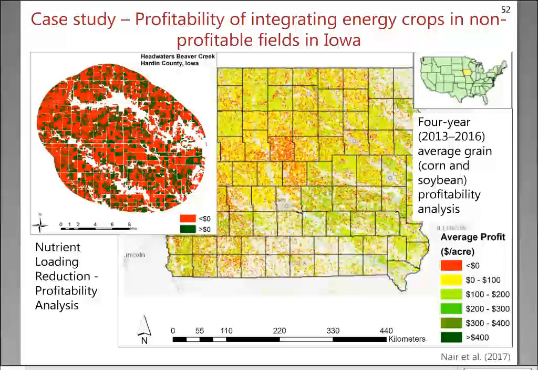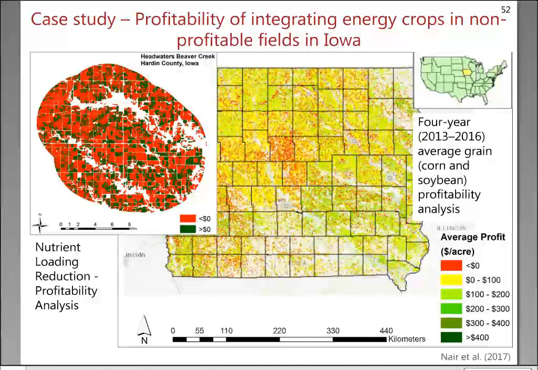Another type of knowledge that is needed is also to know something about the profitability of energy crops and energy feedstock production. And here's a case study from Iowa, where a spatial analysis has been made to see where it could be profitable to integrate energy crops with the conventional crops, and also where it could be profitable due to reduced nutrient loading of the waters.